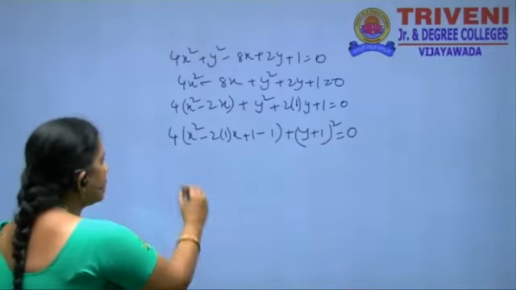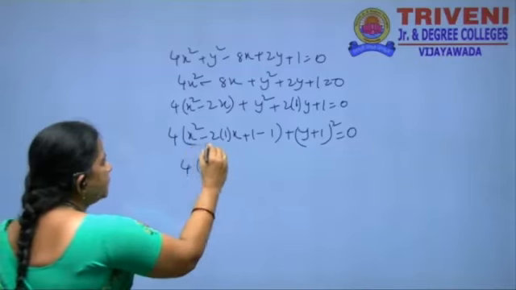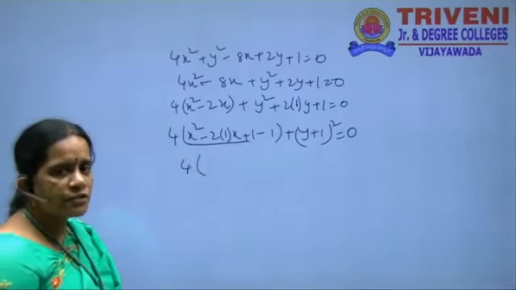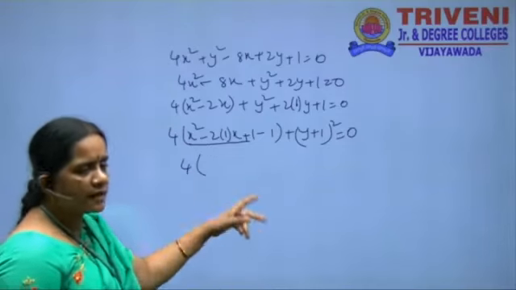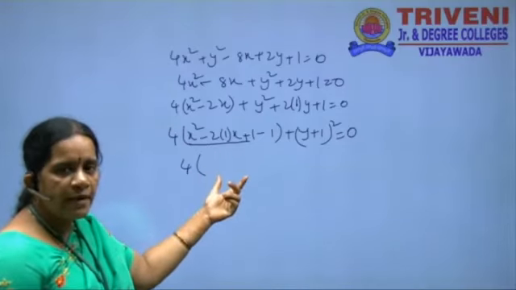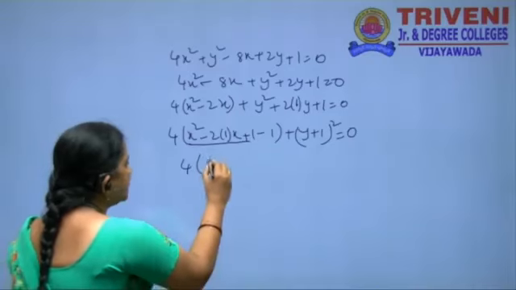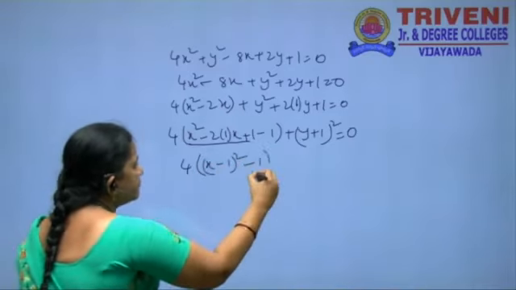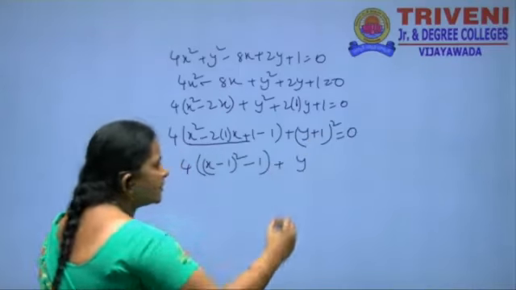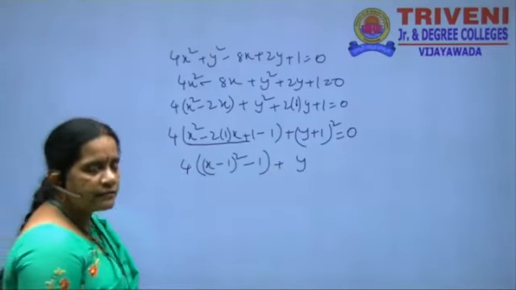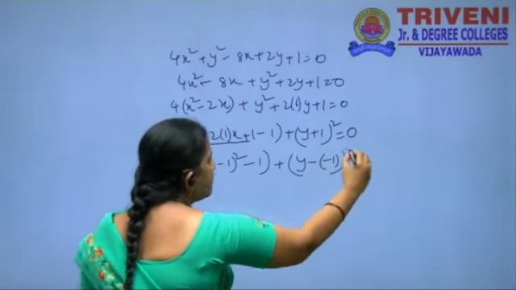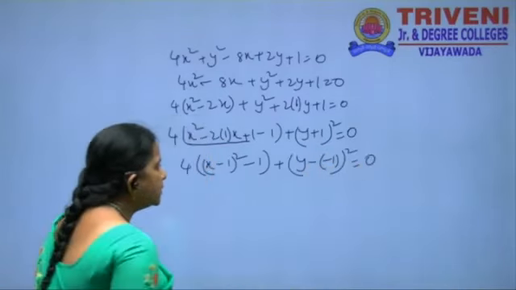That is 4 into, up to here, x square minus 2 into x into 1 plus 1. This is in the form of the a minus b whole square formula, that is x minus 1 whole square, and then minus 1, plus y plus 1 can be written as y minus of minus 1, y minus of minus 1 whole square is equal to 0.